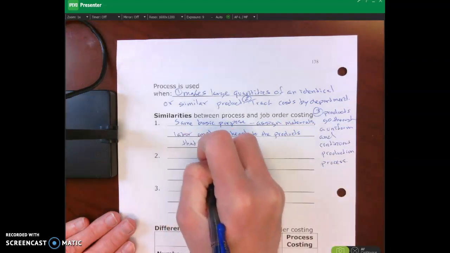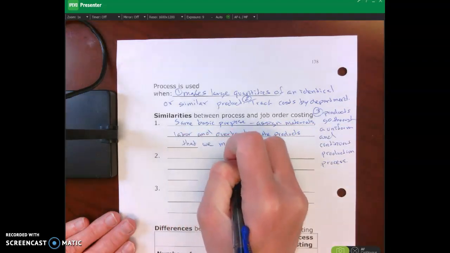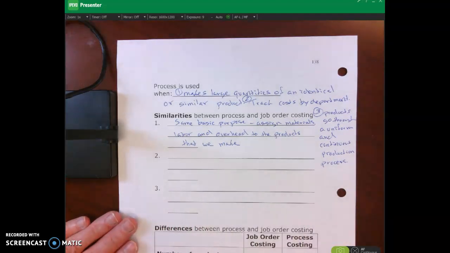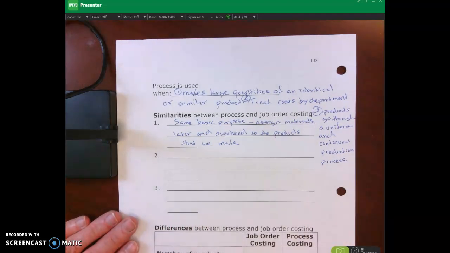So remember job order costing and process costing. These are both called product costing systems. They're both types of product costing systems.